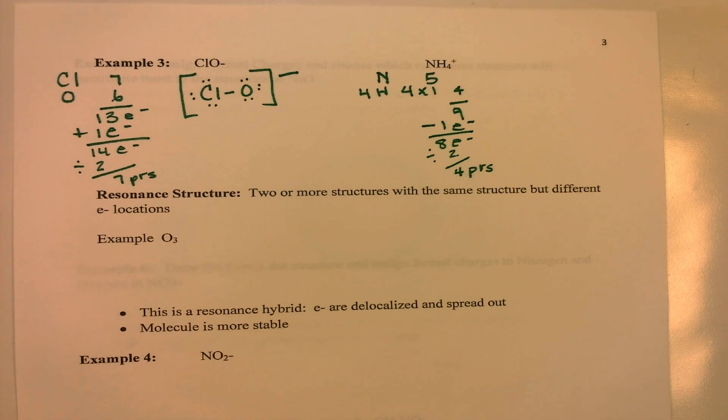The answer is that if you get an odd number of electrons, the highest electronegativity gets that electron, which makes sense because the highest electronegativity is going to draw that electron.